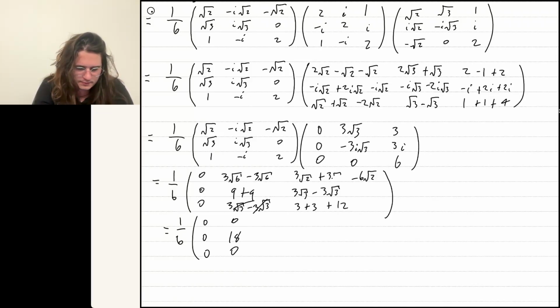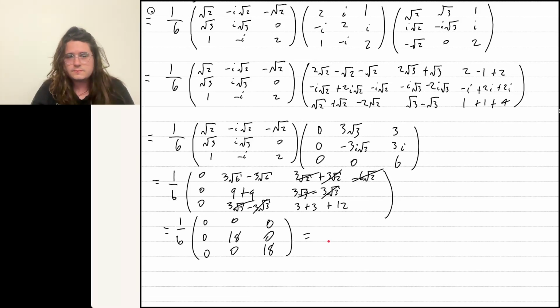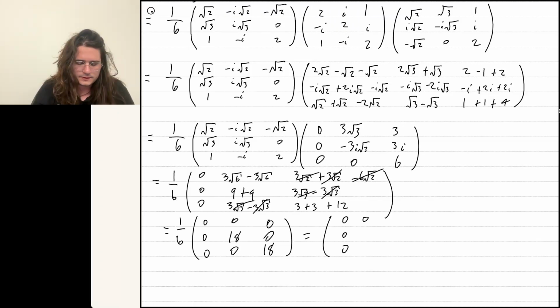I'm pretty sure this should also be a root 2. Let me just make sure. Yes, that should be a root 2. So these terms added together cancel out, so this one's 0. These terms are canceling, so it's 0. So 3 plus 12 also makes 18. 18 over 6 is 3.